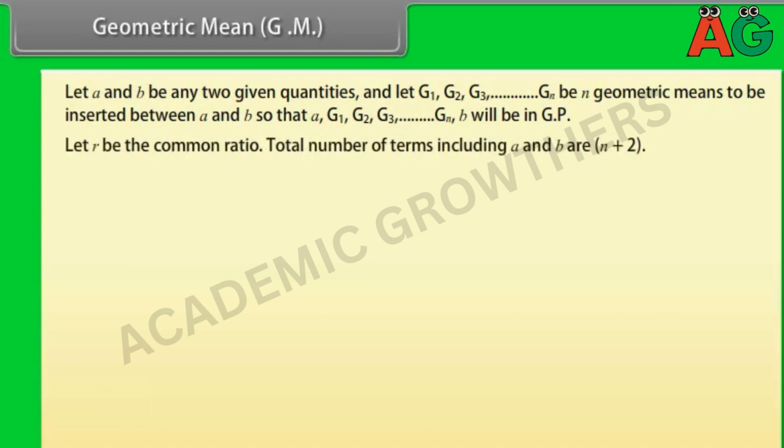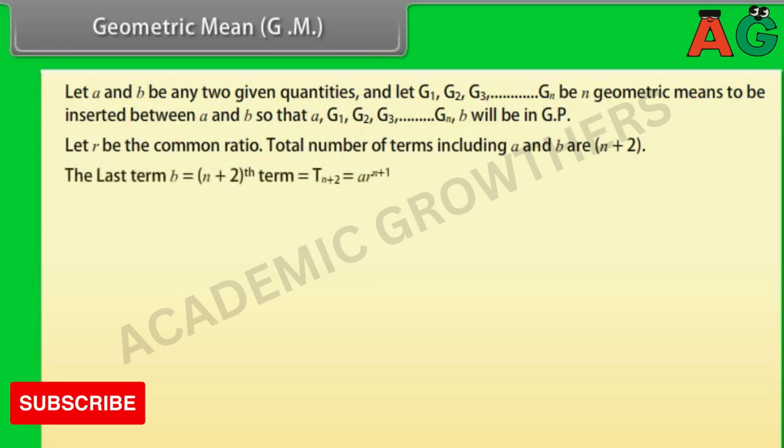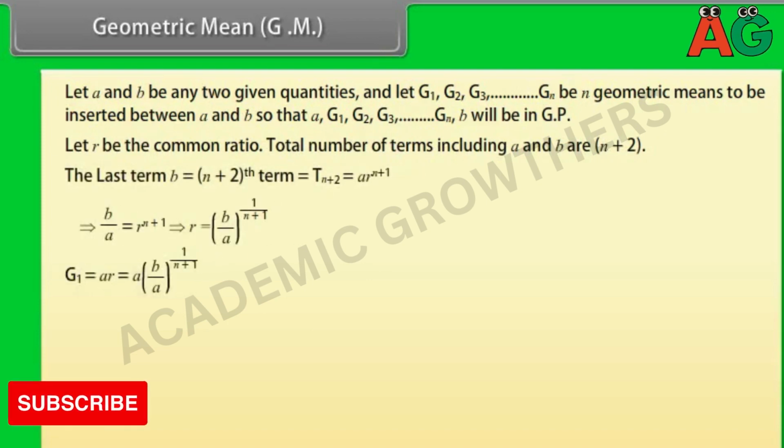Let r be the common ratio. Total number of terms including a and b are n plus 2. The last term b is a into r raised to n plus 1, so r is equal to (b by a) raised to power 1 by n plus 1. G1 is equal to a into r is equal to a into (b by a) raised to power 1 by n plus 1.